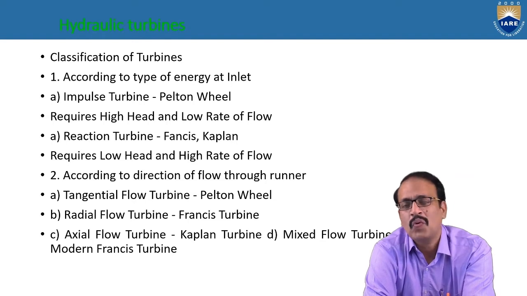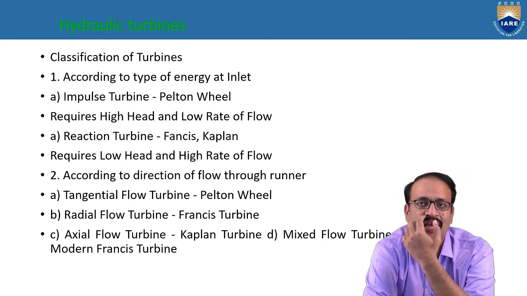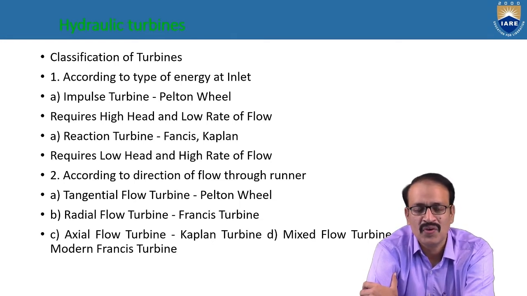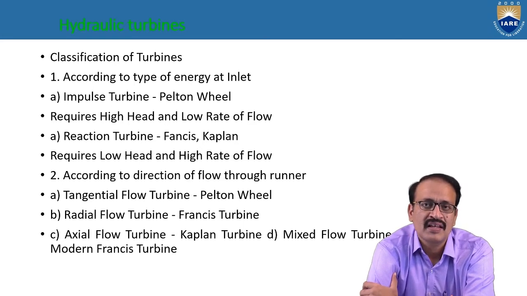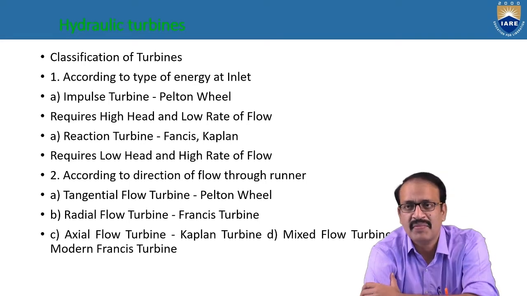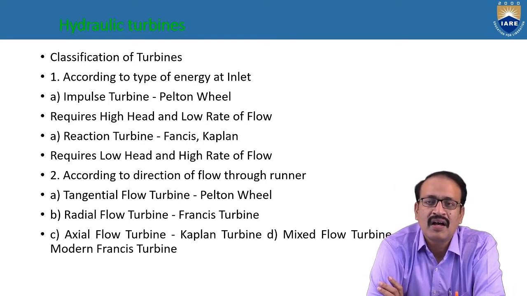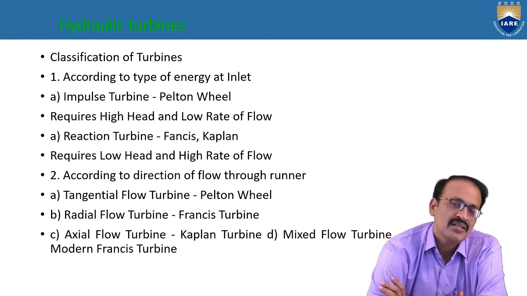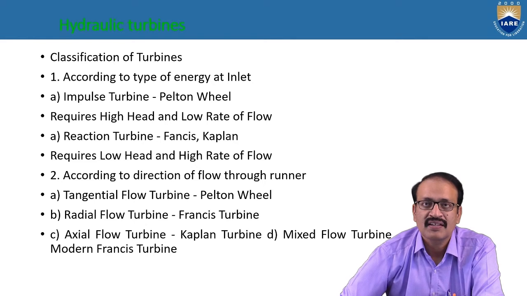If it is a tangential flow turbine, that is the Pelton wheel; for radial flow, that is the Francis turbine; and for axial, that is the Kaplan turbine. And if it is mixed, we can use the modern Francis turbine.